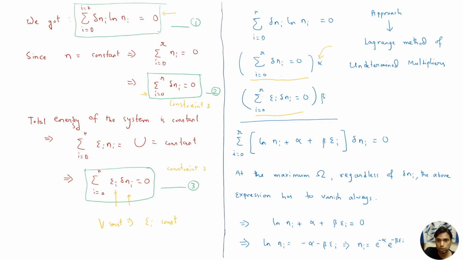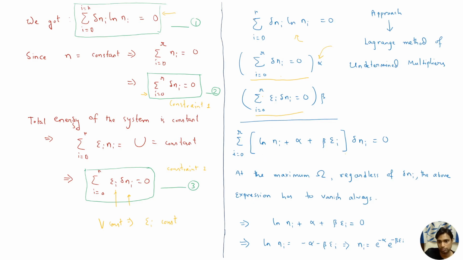These are just constants, and this is the function that we want to maximize. So we sum all of this: this equation plus alpha times this equation plus beta times this equation has to be equal to 0. We take delta ni common. On adding equations 1, 2, 3 along with the Lagrange undetermined multipliers, we get an expression something like this.